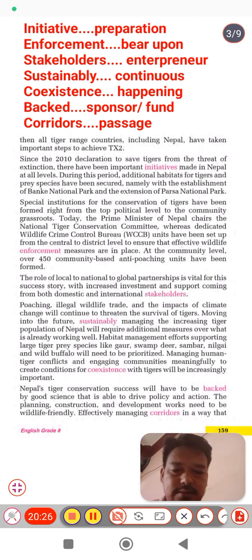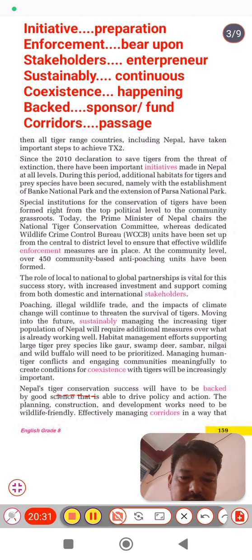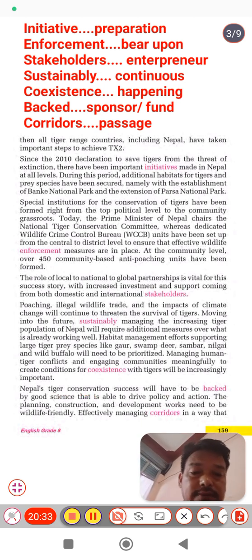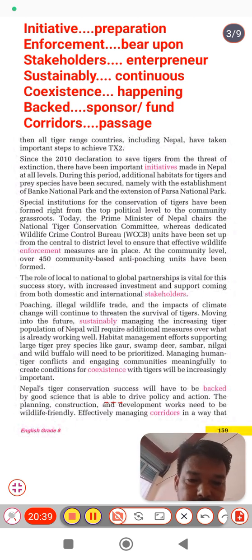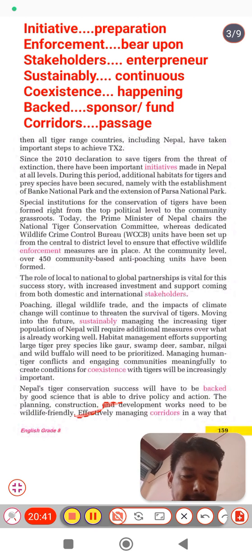Students, this tiger conservation will have to be sponsored or helped or funded by good science, which will lead to better policy and action.